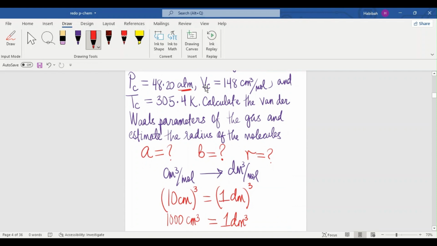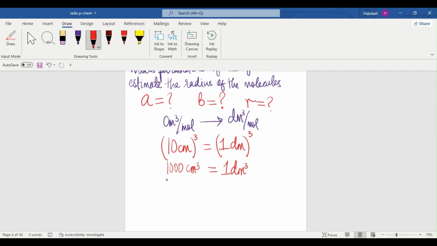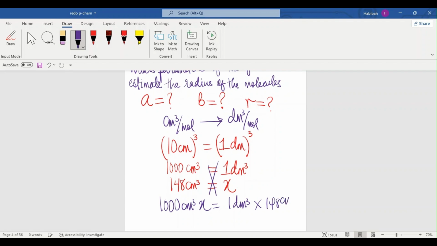Now we have to use the VC value we have. So we have 148 centimeter cube per mole. I'm just going to remove the mole because it's not going to be useful in this conversion. So 148 centimeter cube equals X. You just cross multiply, so 1000 centimeter cube times X equals 1 decimeter cube times 148 centimeter cube.